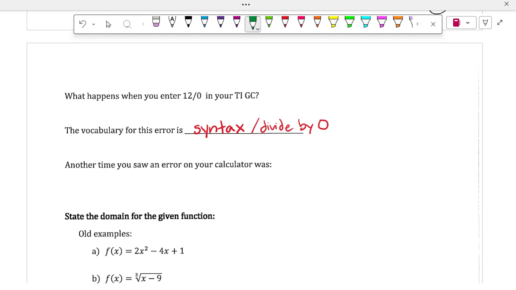It means the structure of a sentence. Well, it's the same thing in mathematics: the structure of how you write a mathematical expression. So by dividing by 0, they're saying, well, you can't do that. That doesn't make sense as a mathematical expression. That's why, say if you did 4 plus plus 3, they'll give you a syntax error because you're not supposed to have that extra plus.